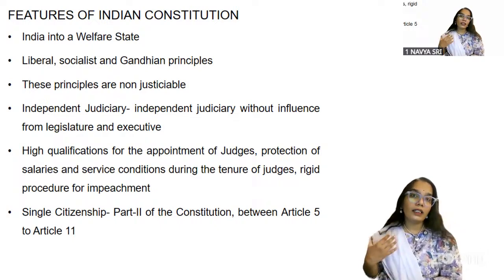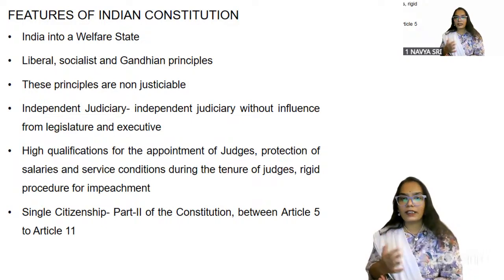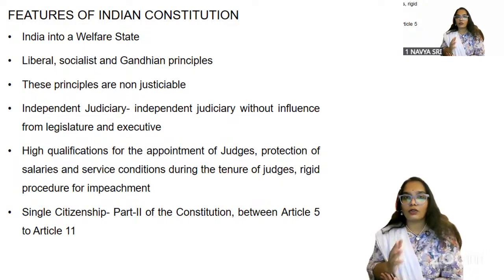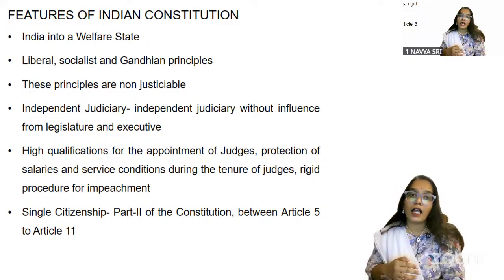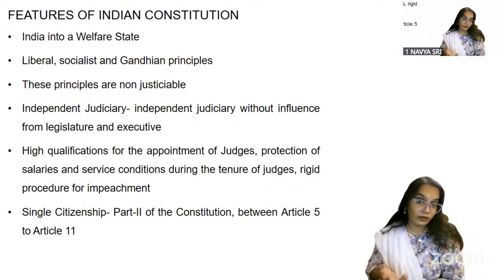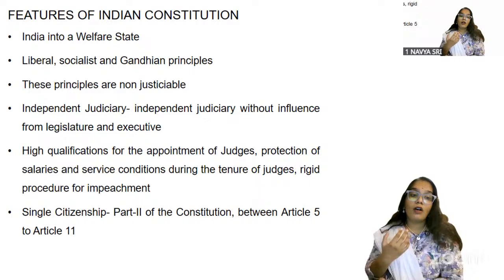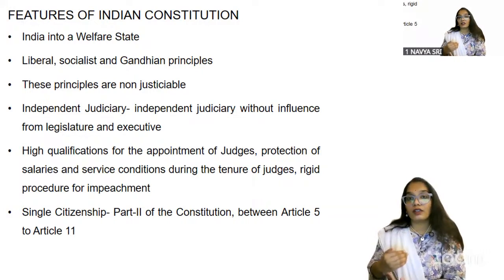Now, how do I say that India has an independent judiciary? This could be seen, like democracy, through certain features. For example, higher qualification for appointment of judges, protection through salaries and service conditions, tenure of judges, and a rigid procedure for impeachment.